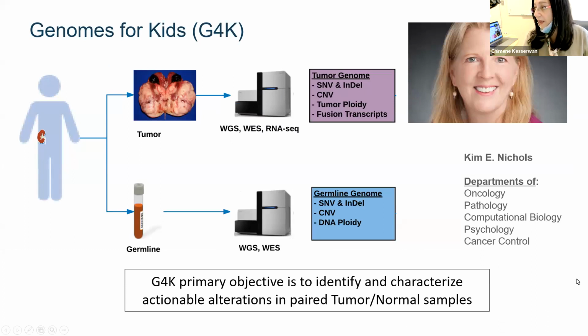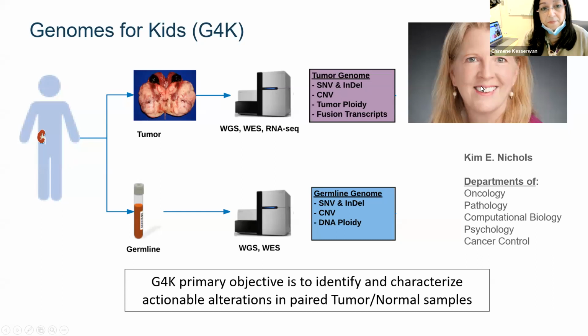Now, meanwhile, at St. Jude, leveraging the PCGP findings, the Genome for Kids protocol was launched in 2015 and led by Kim Nichols. She is an international expert in cancer predisposition syndromes and in leukemia.